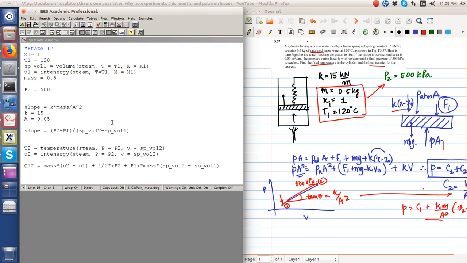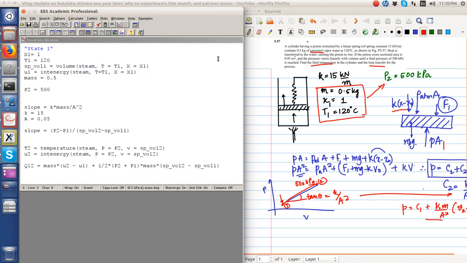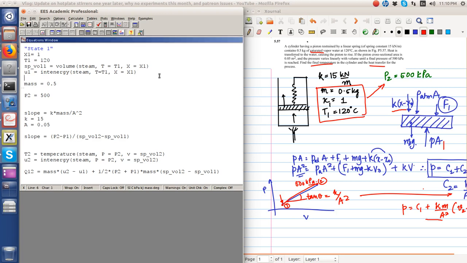So the area is also given. Okay, so P1 was undefined, so P1 has to be found out.